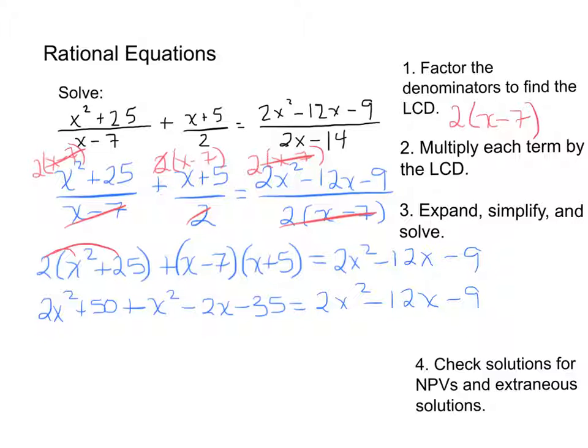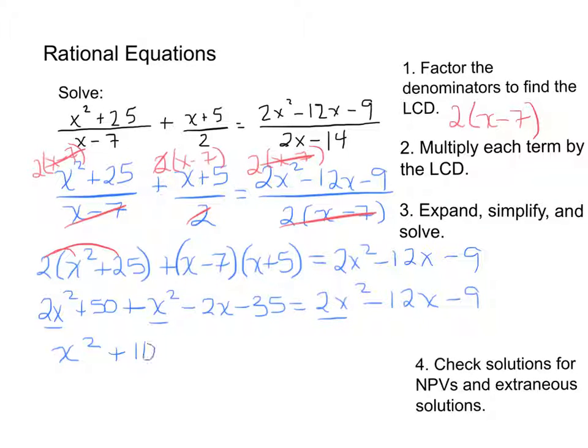So because it's quadratic, we want everything on one side of the equal sign. And combine like terms. Right now we have 3x squared here and here. That's 3x squared, and we'll subtract 2x squared. So we'll have x squared. And then combine the x's. We have negative 2x and plus 12x.